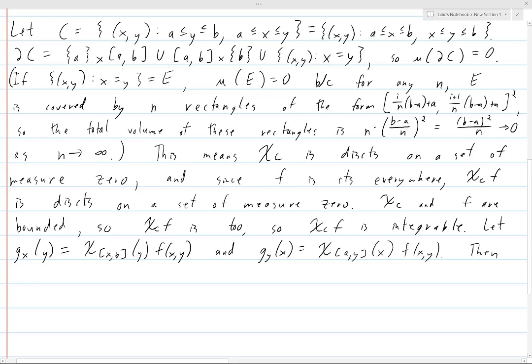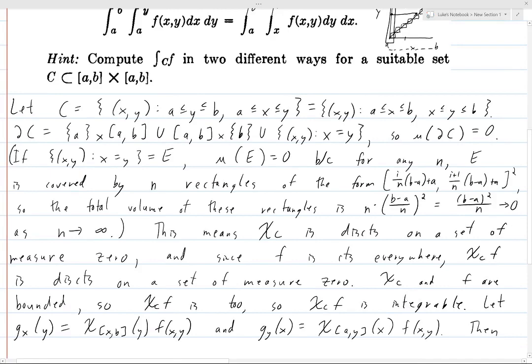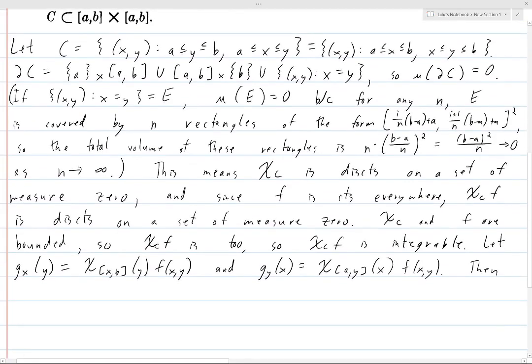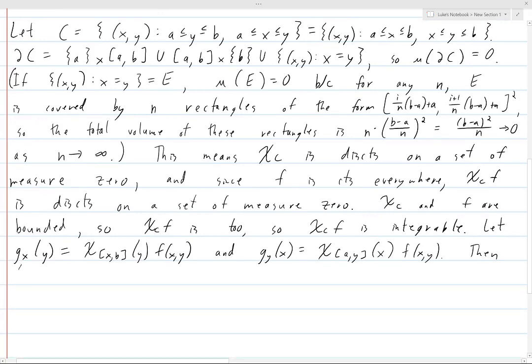Then, if we look at this integral, which one do I want to do first? We want to do dx dy first. Okay, cool. So let's do this. The integral over C of f, so we're going to integrate from y equals a to b, and then from x equals a to b, chi_C f dx dy.